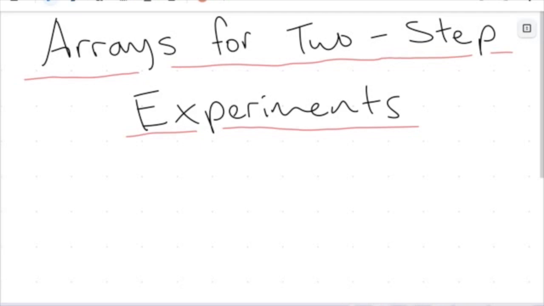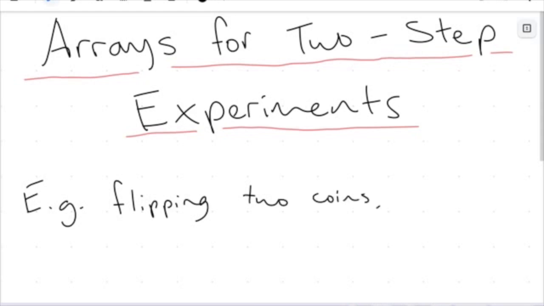So examples of these two-step experiments is something like flipping two coins. Or selecting two socks from a drawer, for example.